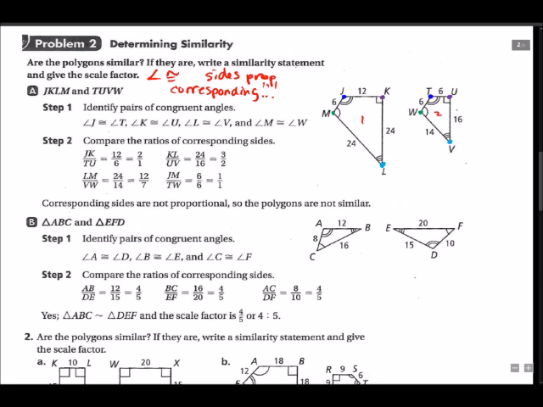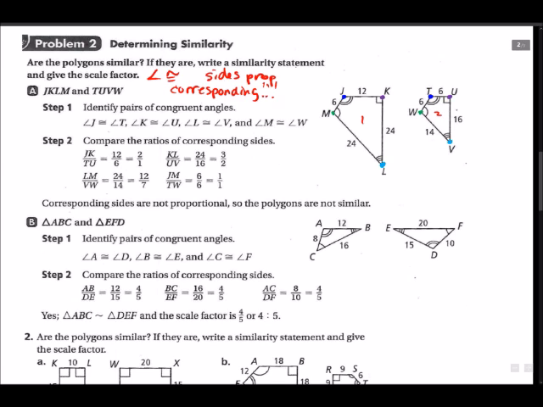So that's a 12:6 ratio. It's a 2:1 ratio. All right, that sounds good. Now I need to do my next side. And so let's go K to L. That's 24. K to L corresponds to U to V. Okay, so 24:16, that's a 3:2 ratio.